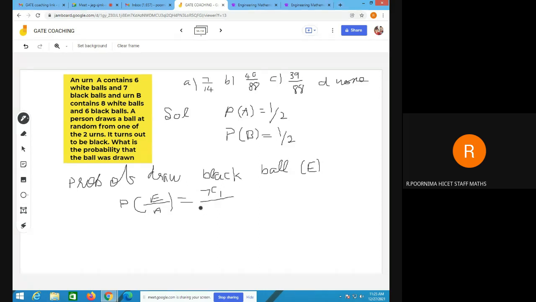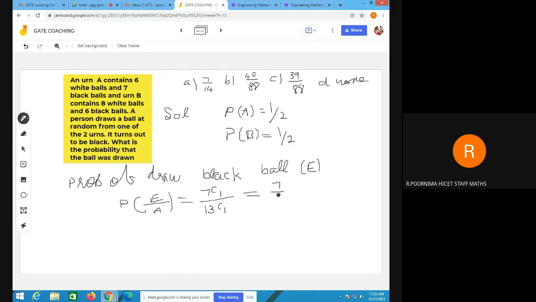Total number of balls in urn A: 6 white balls and 7 black balls, so it becomes 13, so 13C1. So P of E given A is equal to 7C1 by 13C1.